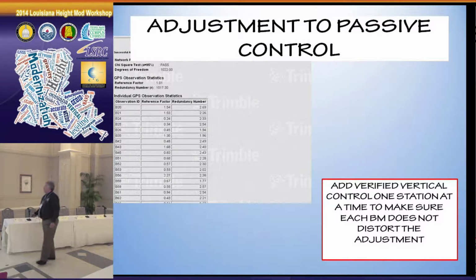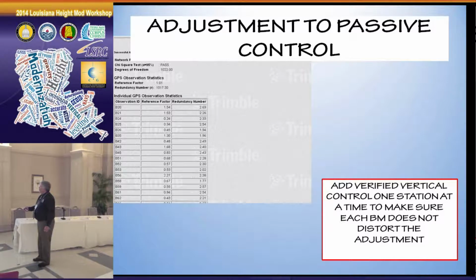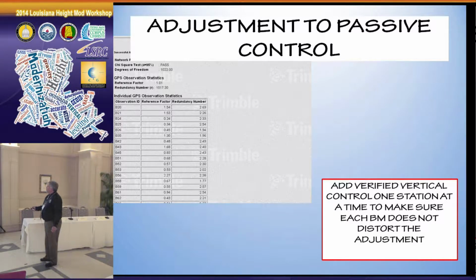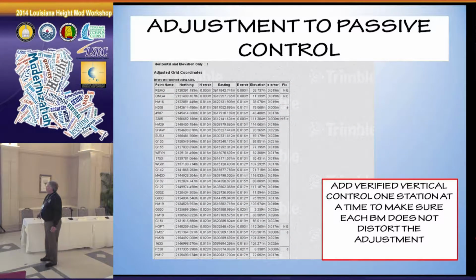So this is more or less the adjustment statistics. Reference factor was 1. That's really good. The redundancy number, a lot of redundancy, degrees of freedom, past the chi-squared, and so on. Now here are the adjusted elevations.